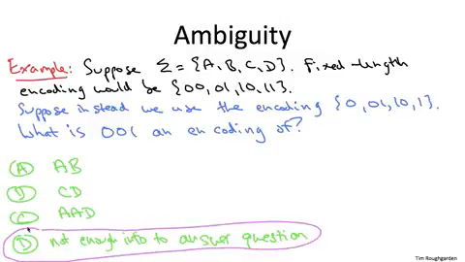The reason is that having passed to a variable length encoding, there is now ambiguity. There is more than one sequence of original symbols that could have led under this encoding to the output 001. Specifically, answers A and C would both lead to 001.